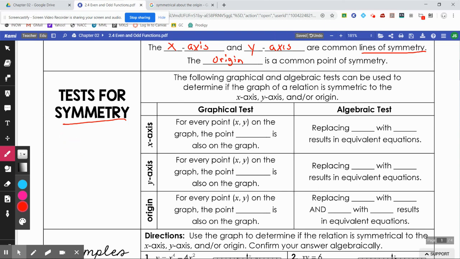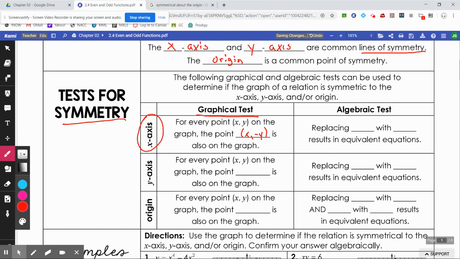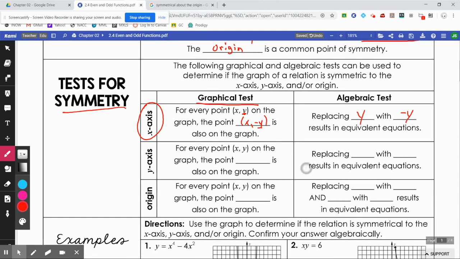So here's our test to see graphically if a graph is symmetrical across the x-axis. For every point (x, y) on the graph, the point (x, -y) will also be on the graph. So how could we test that algebraically? We simply replace y with negative y. Replacing y with negative y results in an equivalent equation.